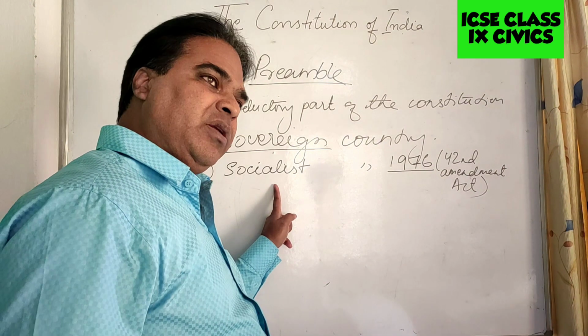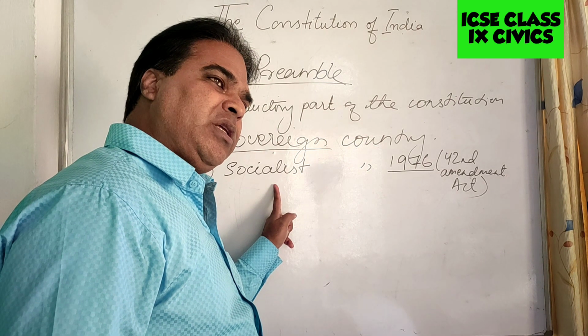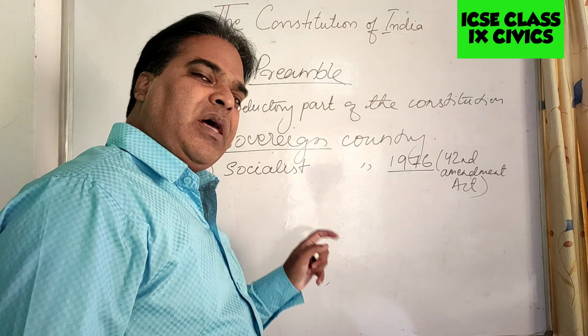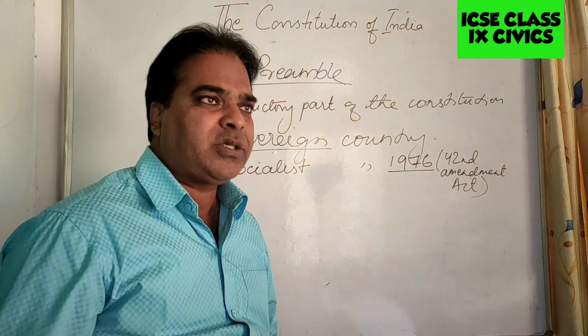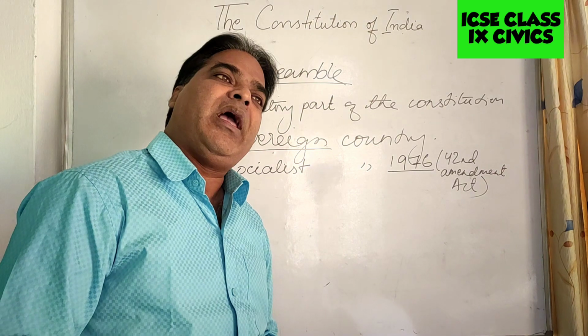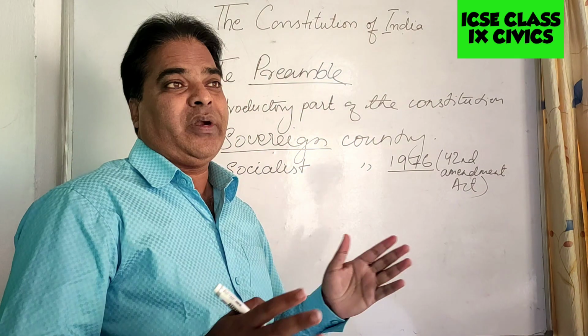our constitution. Clear, children? Socialist. What is the meaning of socialism? That means the wealth of the country will be equally distributed among the people. That means all the resources of our country belong to everyone. There is no difference between rich and poor.